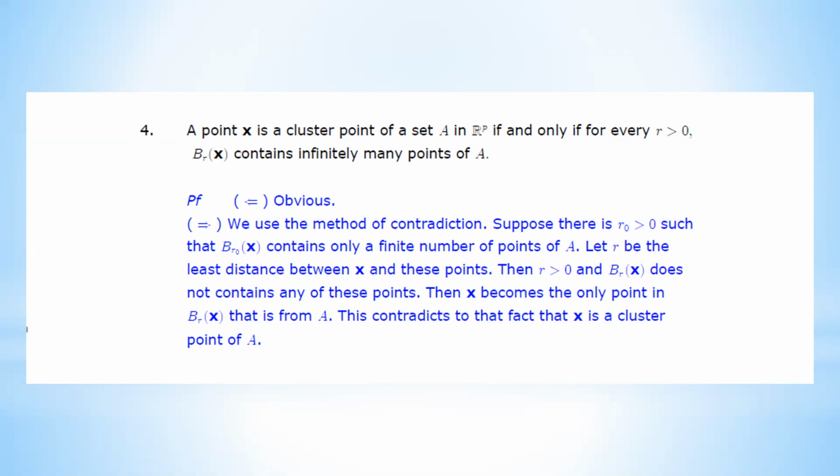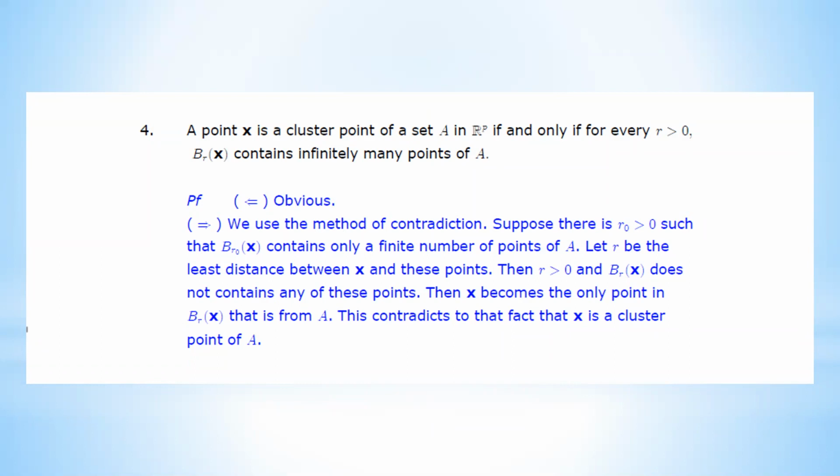Suppose we know that every ball consists of an infinite number of points of A. Of course, this will satisfy the requirement for a point to be a cluster point, because with infinitely many points of A, you can find a point different from X, right? Now, the difficult part is that from the original definition, we're going to show that every ball actually contains infinitely many points of A.